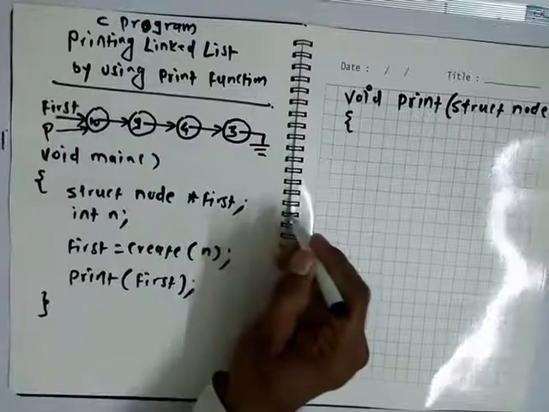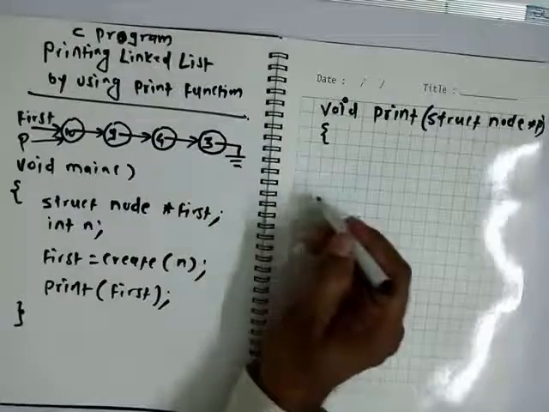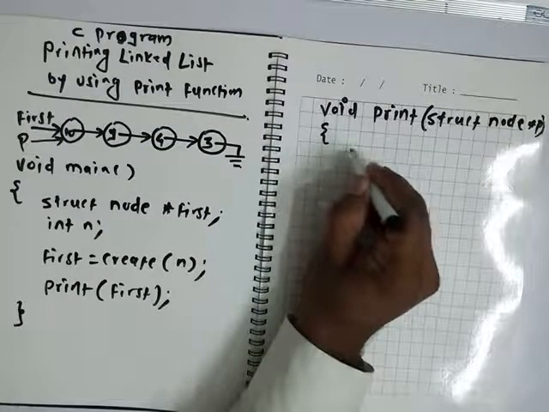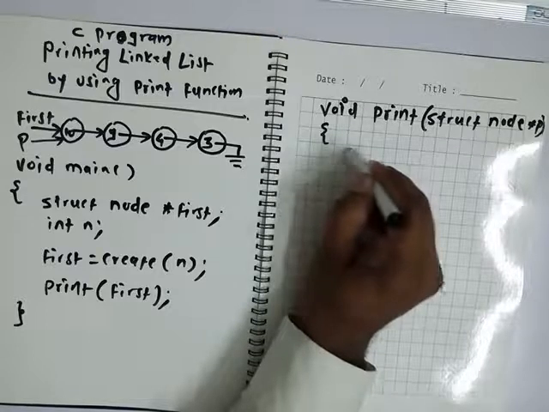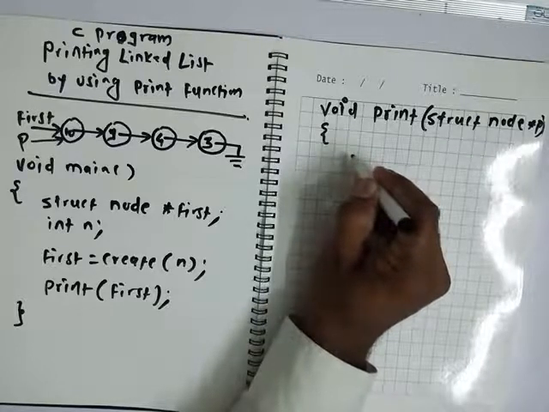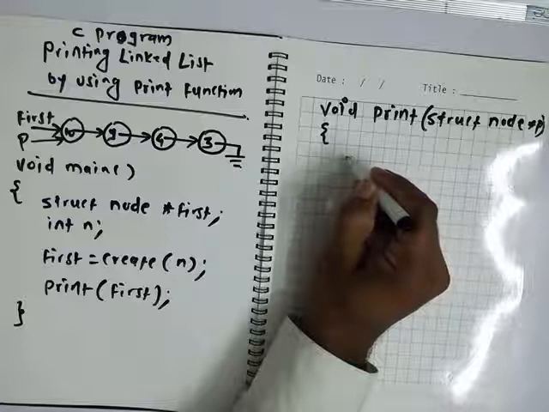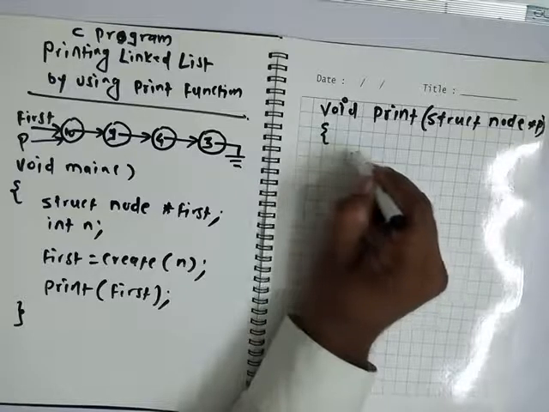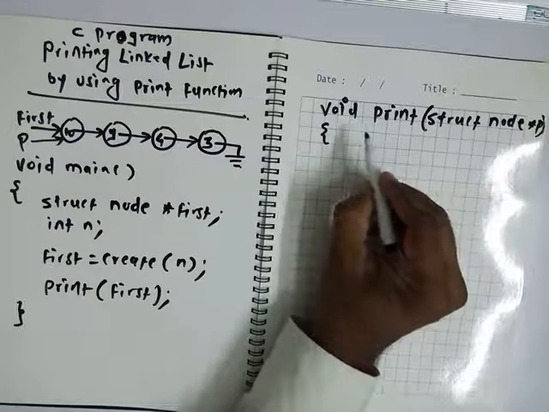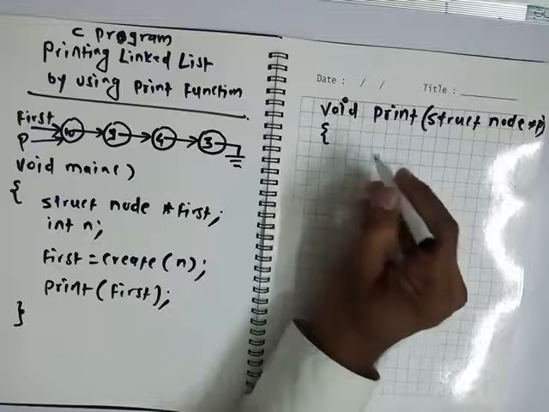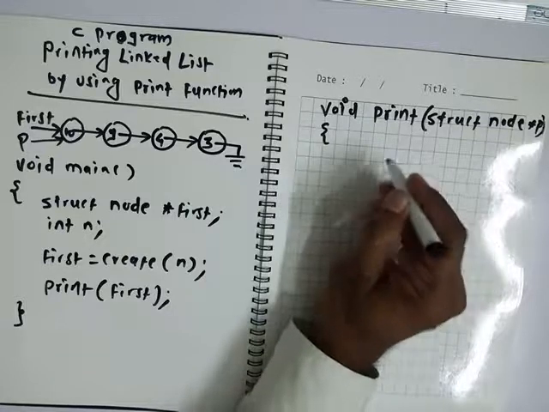So that's what will happen. Now we'll start traversing this linked list from the first node by using p, and as we go along, we'll print the data in all the nodes.